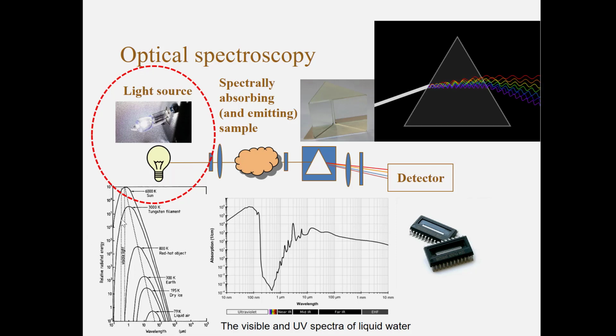So if we want to have an effective generation here in the visible range, we would like to have 3,000 or 4,000 degrees or even higher temperature. So let's just keep this in mind as we continue to look at different light sources.